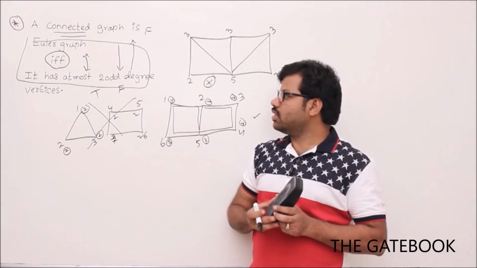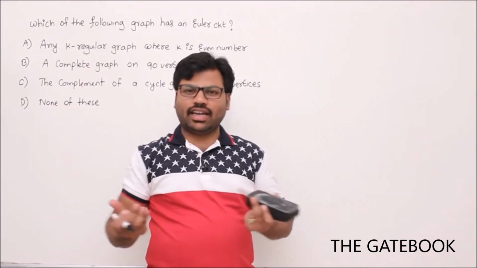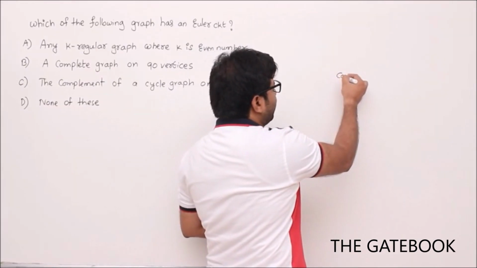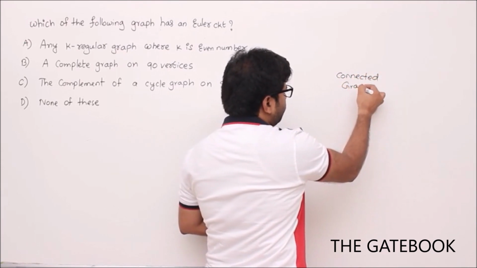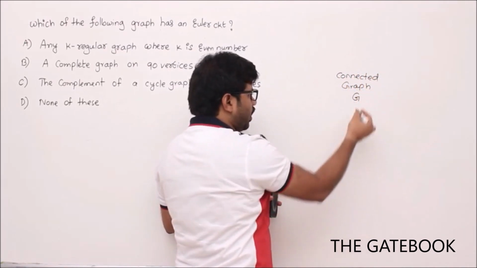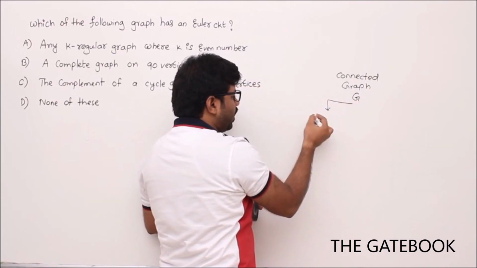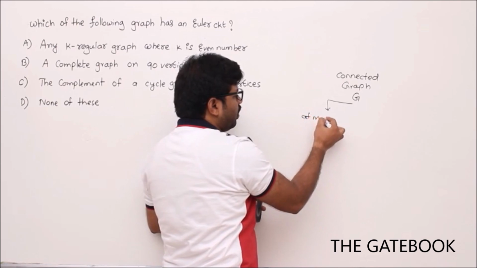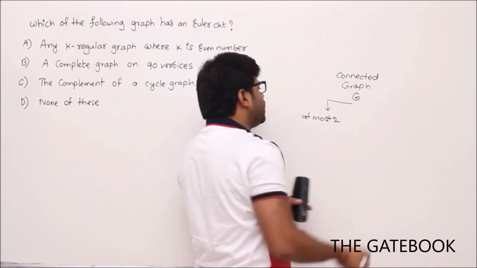Okay. So this is the result about Euler graphs. Let's summarize the things about Euler graphs. You have a connected graph, let's say. Then that connected graph G, if the number of odd degree vertices is at most 2, then definitely we know that graph is an Euler graph.